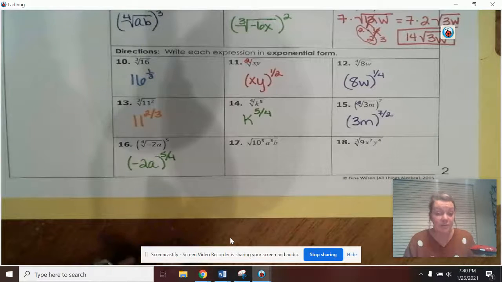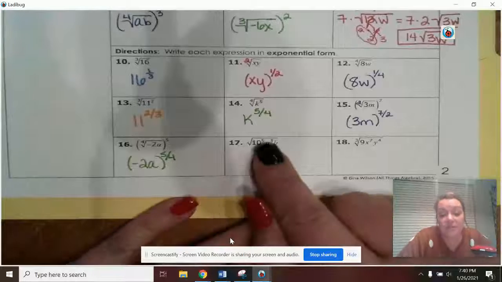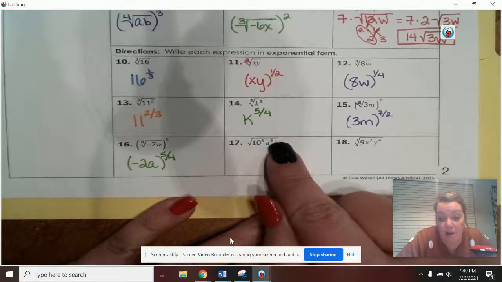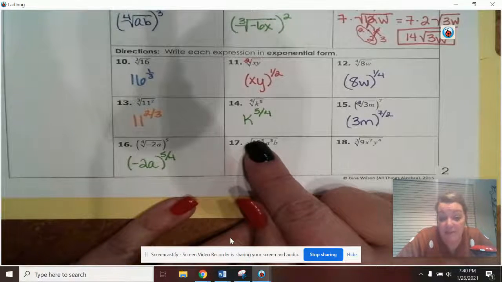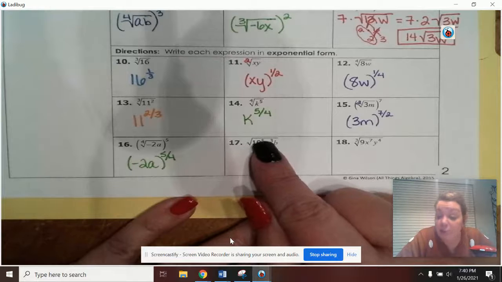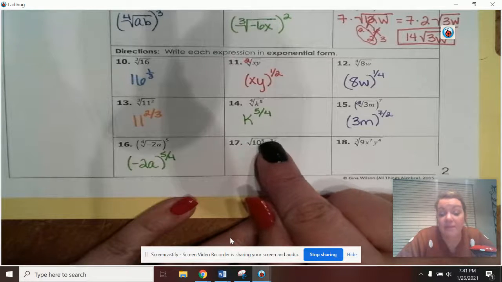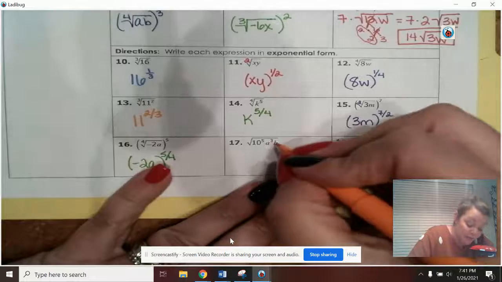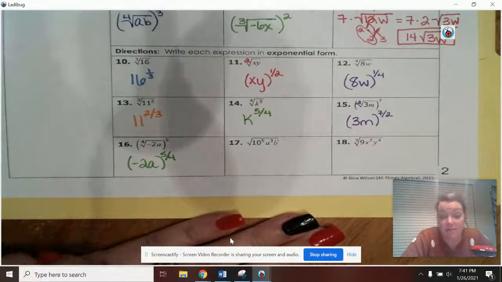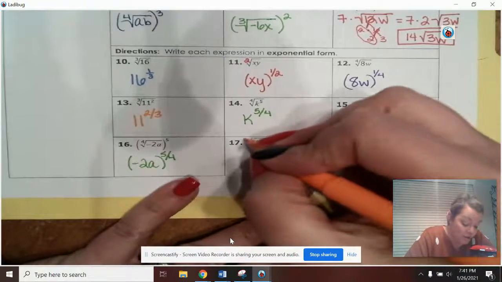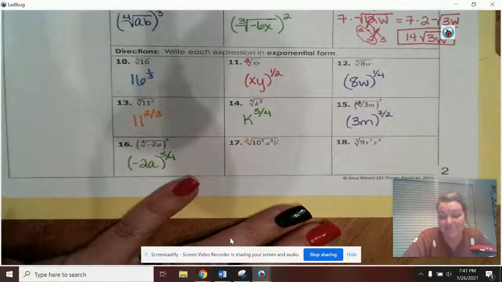Okay, we have some different things going on here, because the things underneath the square root have different exponents on them. This one has a 5, that's going to be the top number. This one has a 3, that's going to be the top number. And the b, well, we don't write it in algebra, but it's raised to the first power, right? So that's our top number. And they're all square rooted, okay?